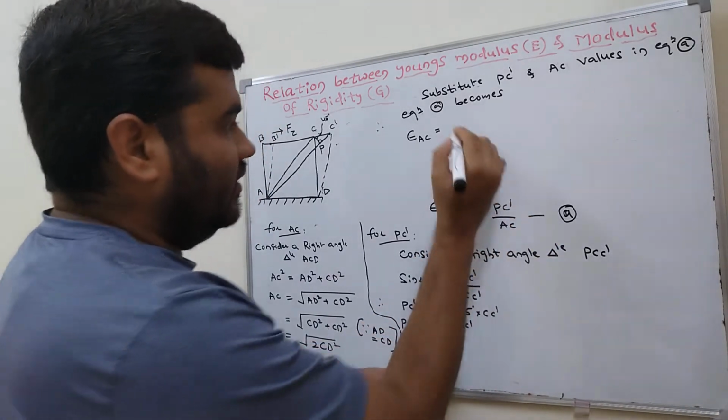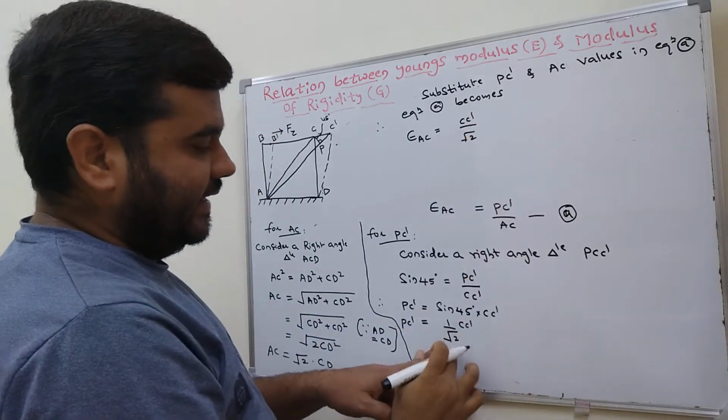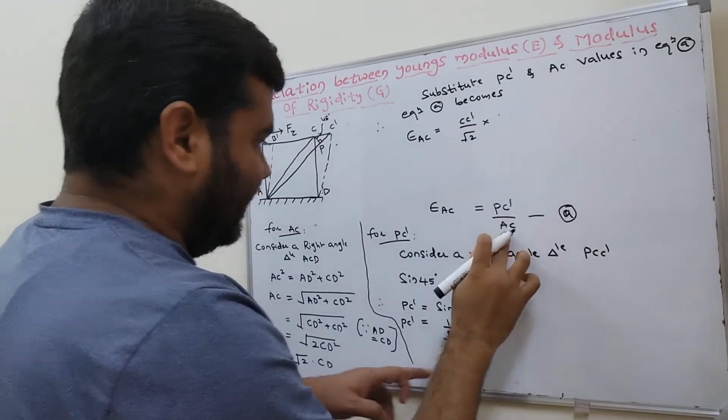PC dash is CC dash divided by square root of 2, into 1 divided by AC.